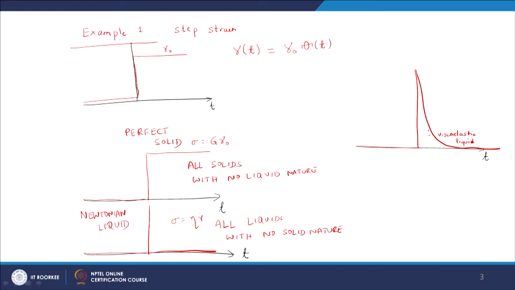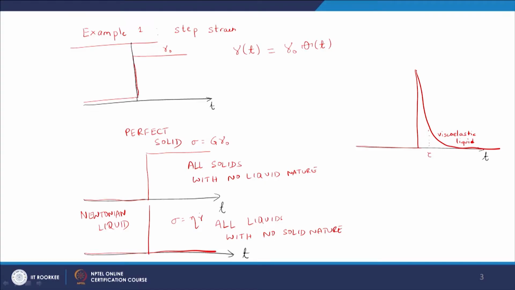And if you believe the Maxwell model, tau should set the scale on when this happens. If it is a solid that does not quite flow like a liquid, then the stress will remain even towards the very end, and we will have a behavior maybe something like this.